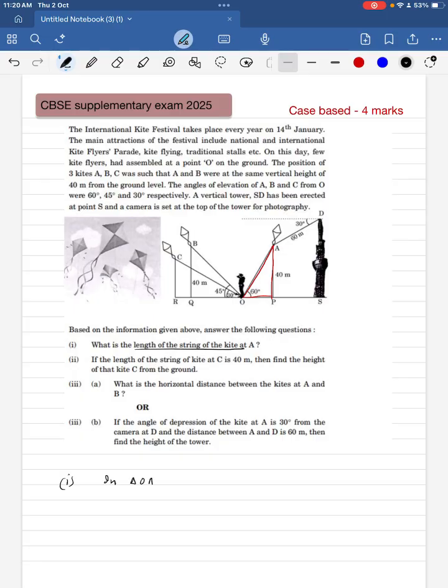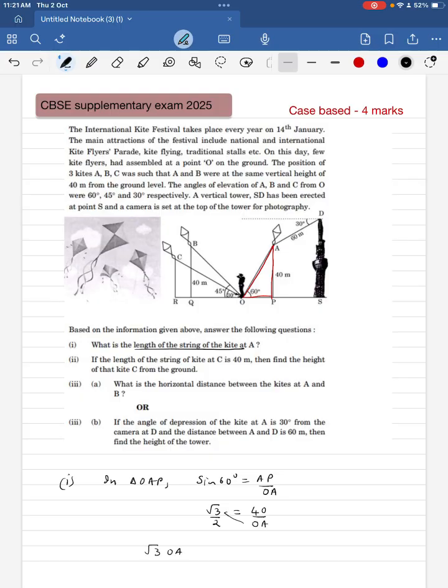Okay, so in triangle OAP, we know that sine 60 degree is equal to AP divided by OA, that is opposite side by hypotenuse. Now, OA is what we want to find out, that's the length of the string. Sine of 60 degree is root 3 by 2 is equal to AP, which is 40, divided by OA. Now let's cross multiply.